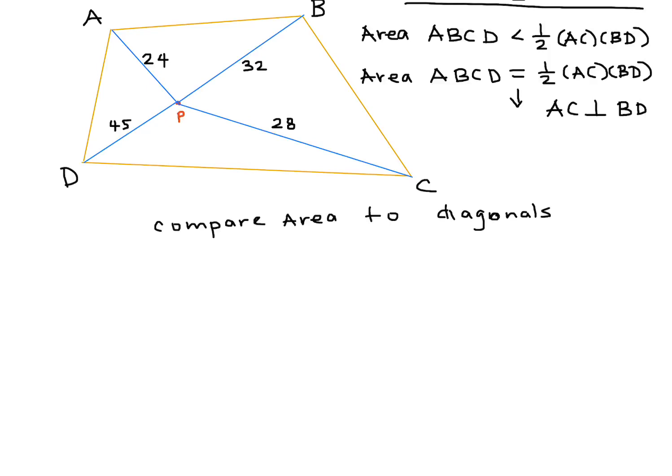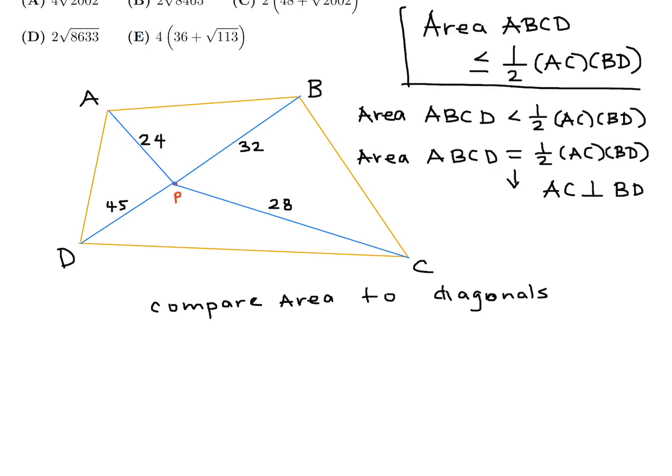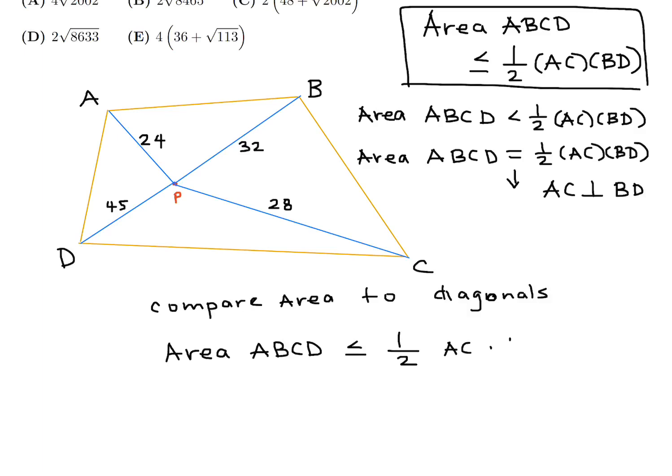So basically what we're doing is we're using this formula right here, this one right here. So we've got area ABCD is less than or equal to 1/2 AC times BD, like that.